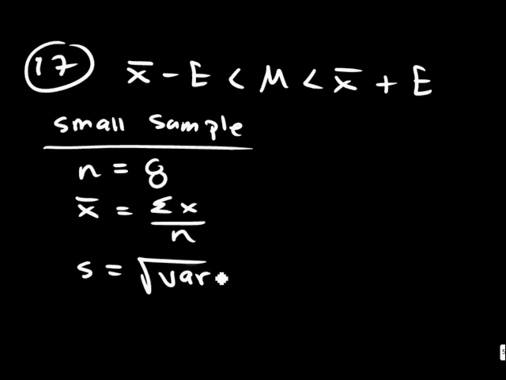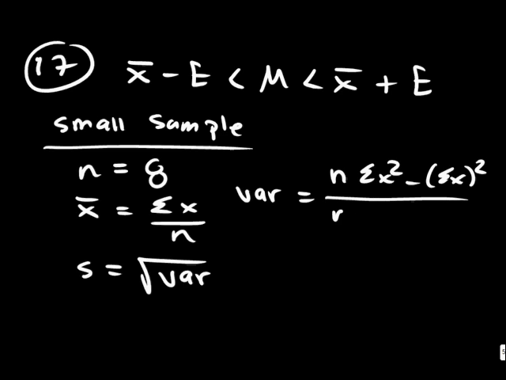Variance is n sum x squared minus sum x in parentheses squared over n times n minus 1. This is by the shortcut formula. So I need a sum x squared value and a sum x value.